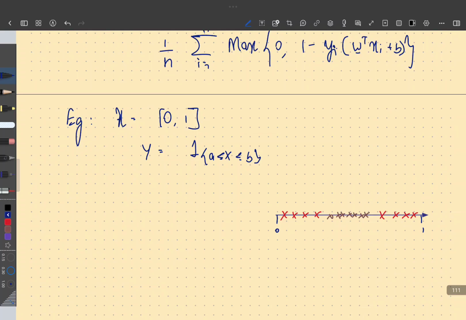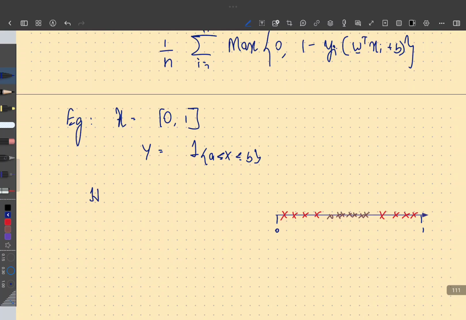Okay. What would a linear classifier do? What does a linear classifier in R look like? My question is, what is a linear classifier in one dimension?